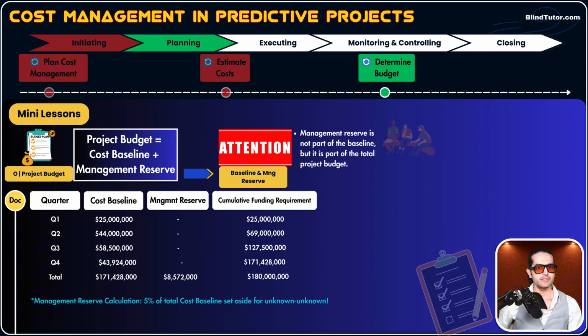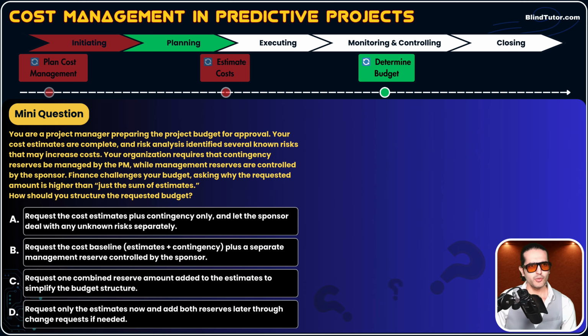Awesome. I think we deserve one more mini question and then mini FAQs, okay? So let's get our mini question done first. Mini question. You are a project manager preparing the project budget for approval. Your cost estimates are complete and risk analysis identified several known risks that may increase costs.